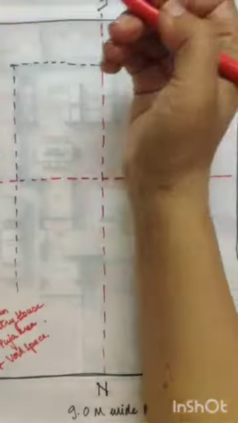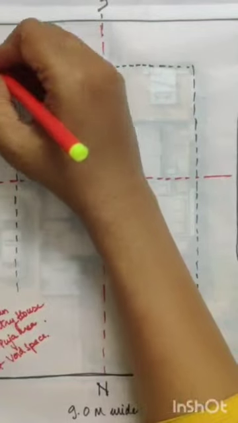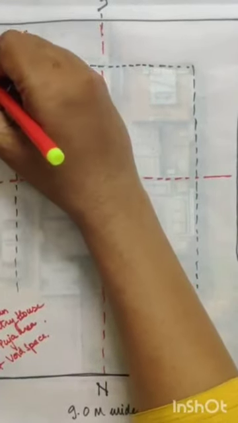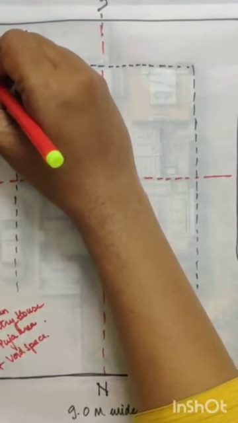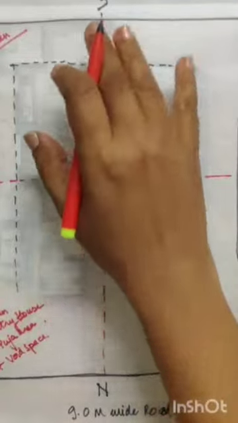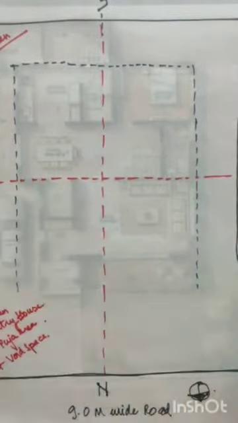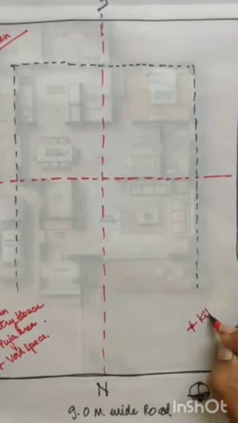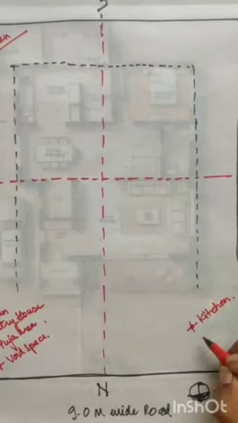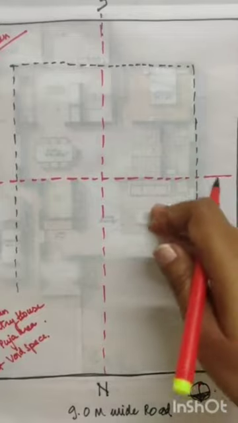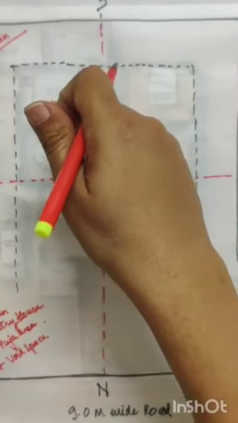As per the southeast direction, we can have the kitchen out here. But if the plot doesn't permit a kitchen in the southeast direction, we can have it in the diagonally opposite direction. Kitchen.